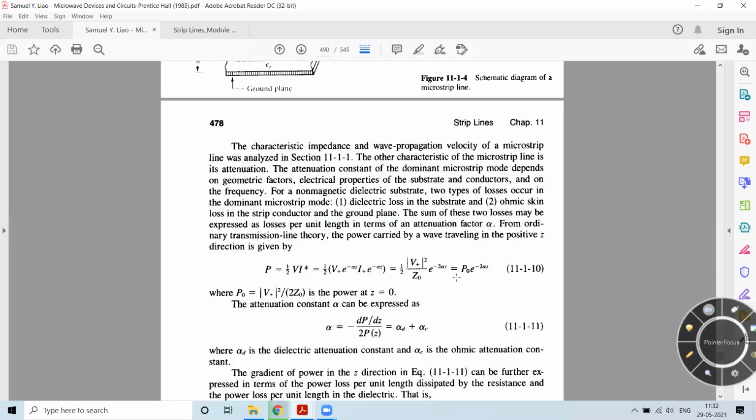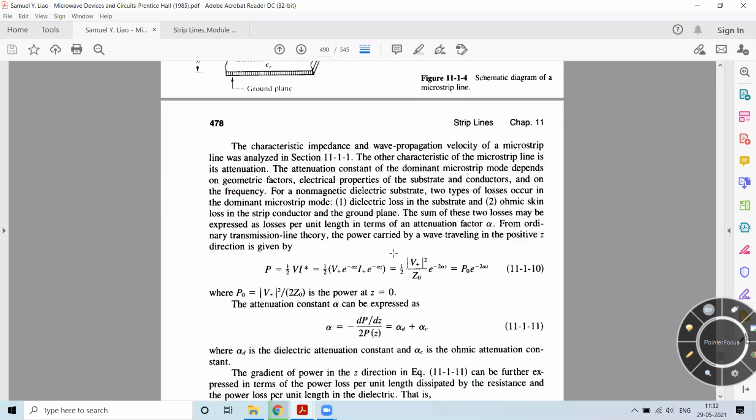When you simplify, this part we represent as P naught, and this one is e raised to minus 2 times alpha z. This gives you the phase representation, and this gives you the magnitude representation. Now P naught is nothing but the power measured at z equal to 0.